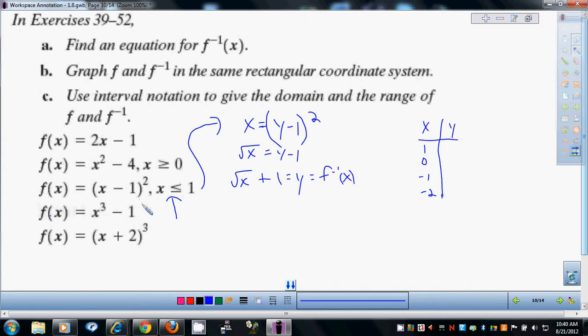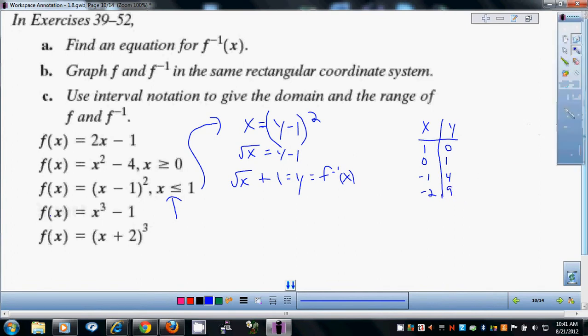Your original is the one that domain applies to. So Rachel, what y values am I going to get when I plug in these x values into this function? When I plug in 1, what am I going to get? 0. When I plug in 0, -1. Very good. And -2.